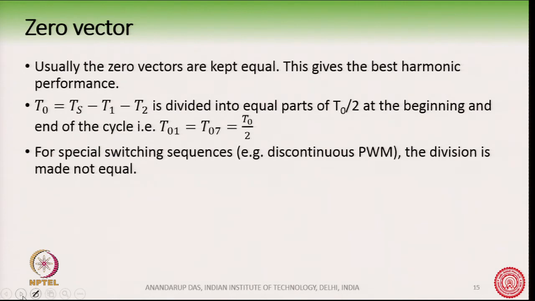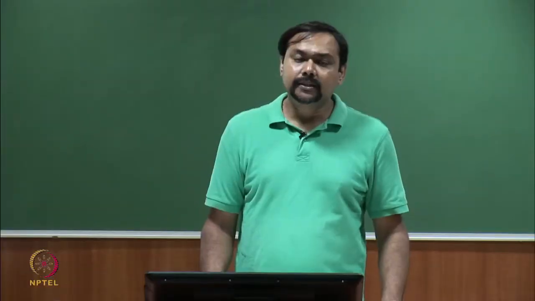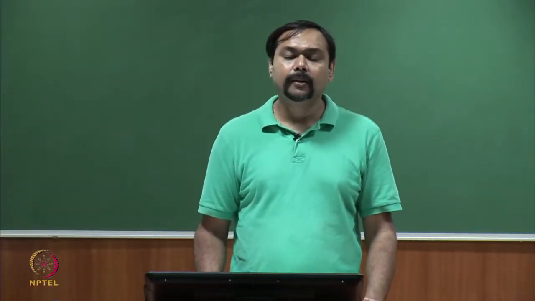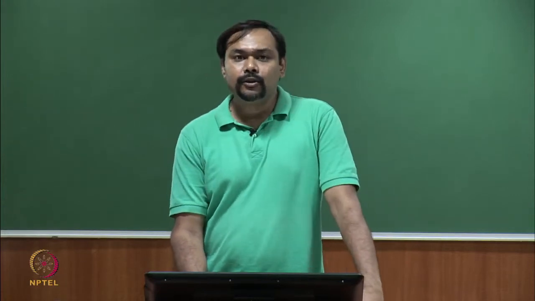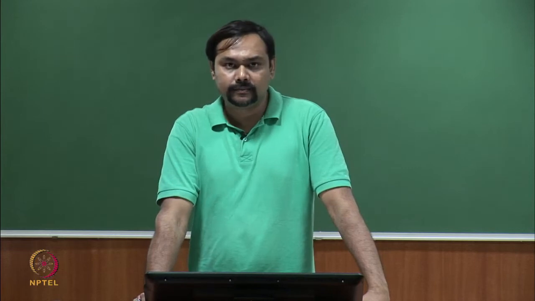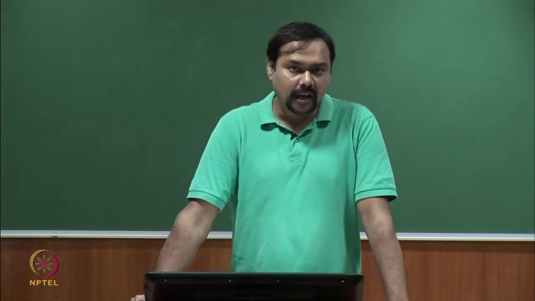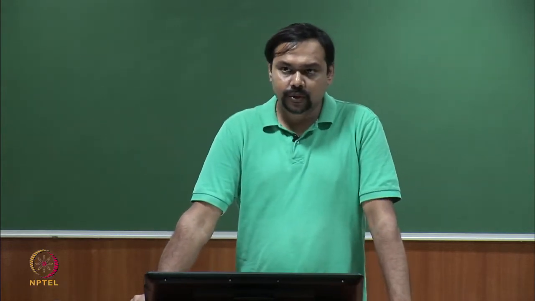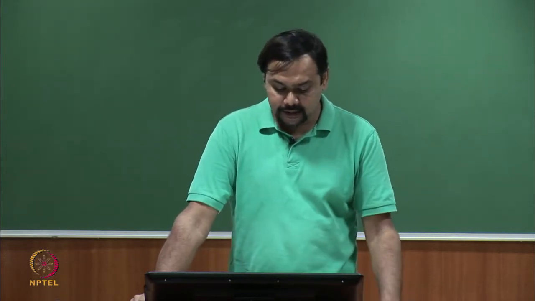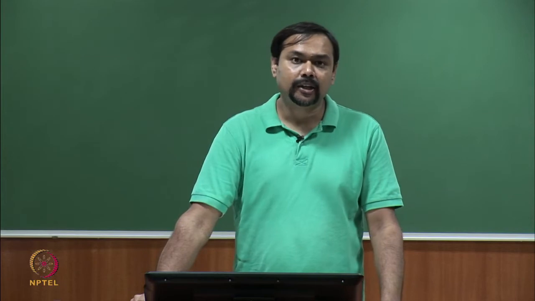Okay. Now, as we had earlier also said, the 0 vectors are V0 and V7. Their duration is usually kept equal. Okay. It gives the best harmonic performance. So, T01 is equal to T07 is equal to T0 by 2.